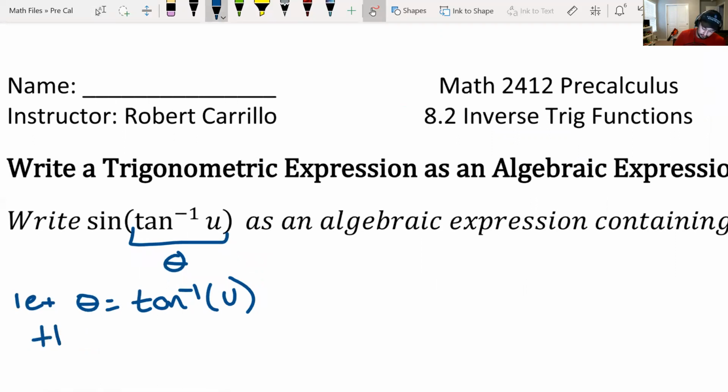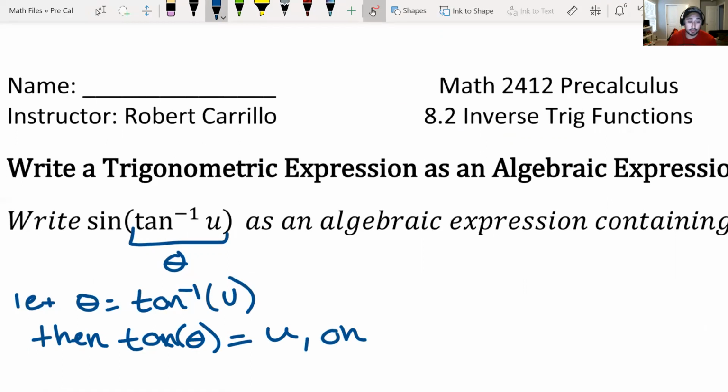Then tangent theta equals u on the inverse tangent restrictions, -pi/2 to pi/2.